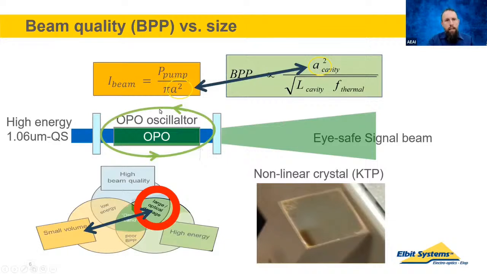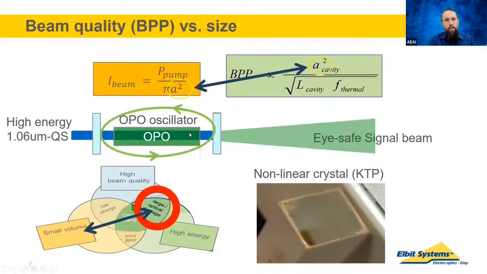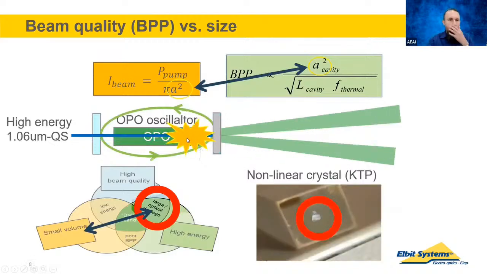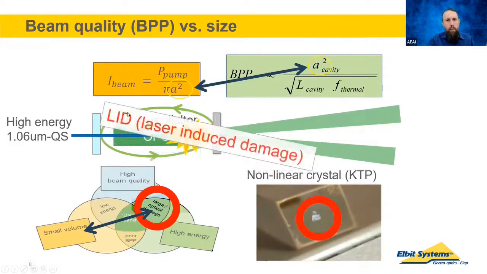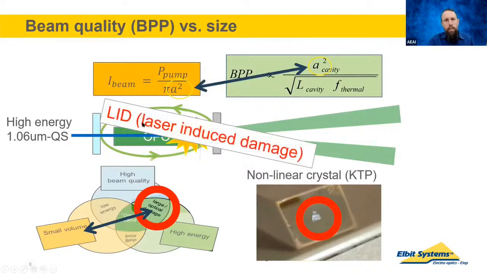But this high intensity at times is going to jeopardize our oscillator, because at the end we have some finite laser damage threshold, and when we are passing it, we're going to get laser damage first of all to the nonlinear crystal, and then to the whole cavity.